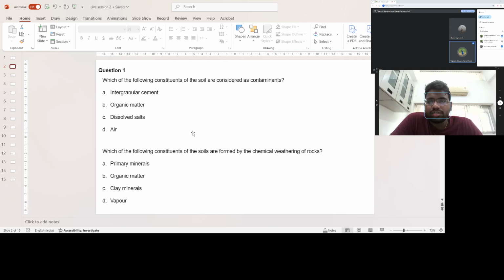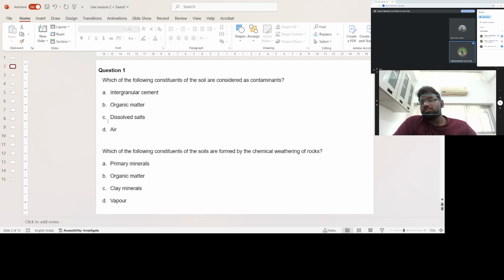Even silicate cements and carbonate cements are such agents. And B, organic matter, from a broad perspective, is also native to the soil. It consists of several microbial and living aspects, plants, roots, etc. And coming to D, air is obviously a component which you cannot ignore.